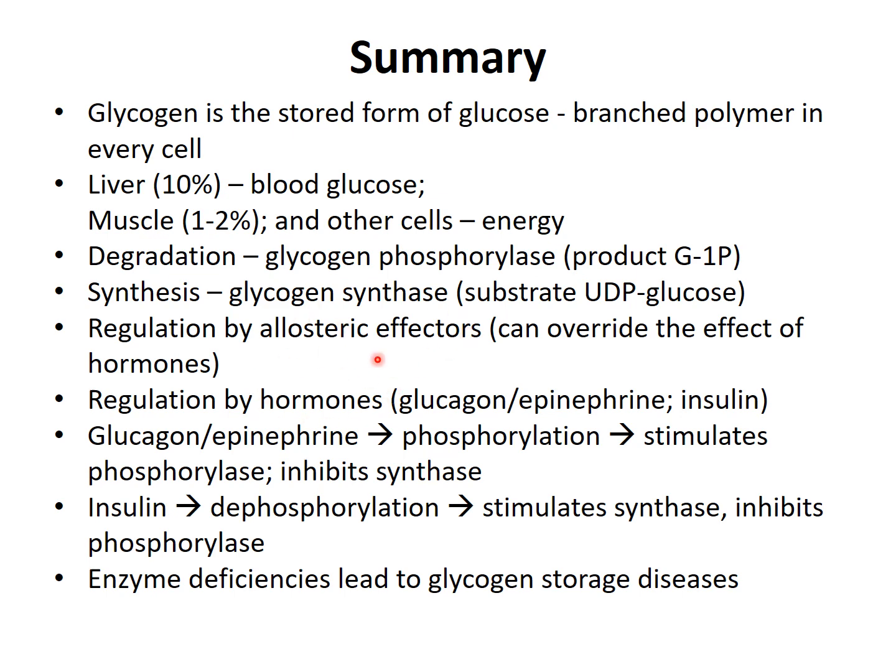Allosteric effectors and hormonal regulation both play a role in making a determination whether glycogen needs to be degraded or glycogen can be synthesized. Please remember again, glucagon, epinephrine, kinases, phosphorylation, stimulating phosphorylase, inhibiting synthase. Insulin, phosphatases, dephosphorylation, stimulate synthase and inhibit phosphorylase. And enzyme deficiencies lead to glycogen storage diseases.